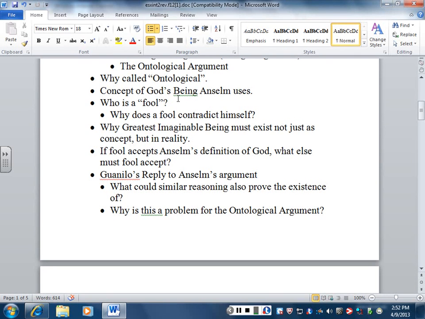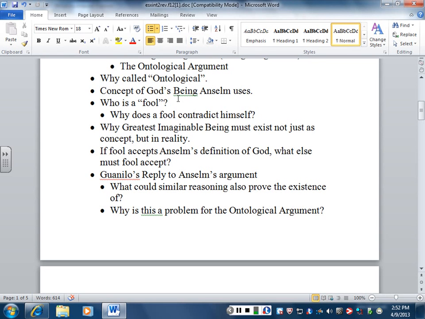Now, here again, I don't know about this. If we're talking about the most perfect island and something that's perfect exists for Plato, then why aren't we building in existence in the most perfect island? But Descartes tries to say the case of God is unique. So Gaunilo's reply: wouldn't similar reasoning also prove the existence of the most perfect island?